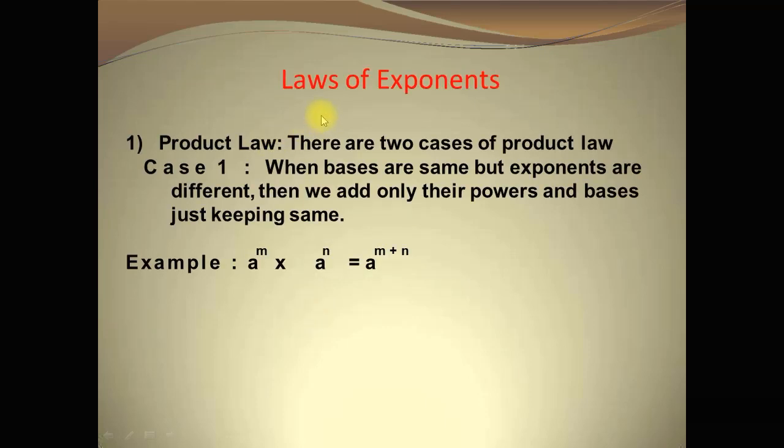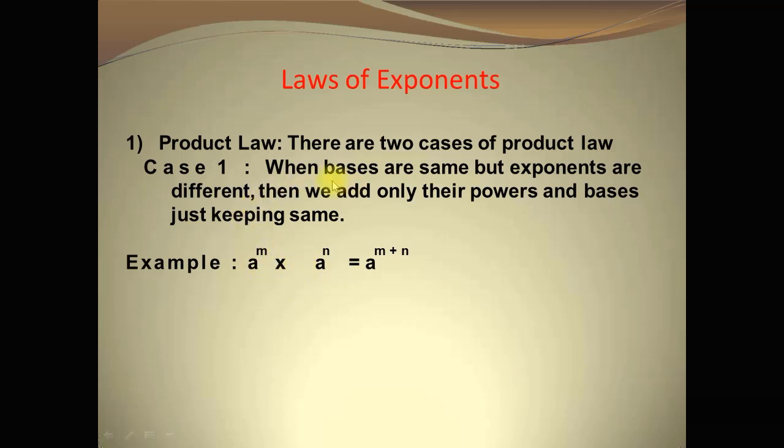Now, laws of exponents. The first law is the product law. There are two cases of product law. Case number 1, when bases are the same but exponents are different. For example, a power m and a power n. In this example, the base is the same.